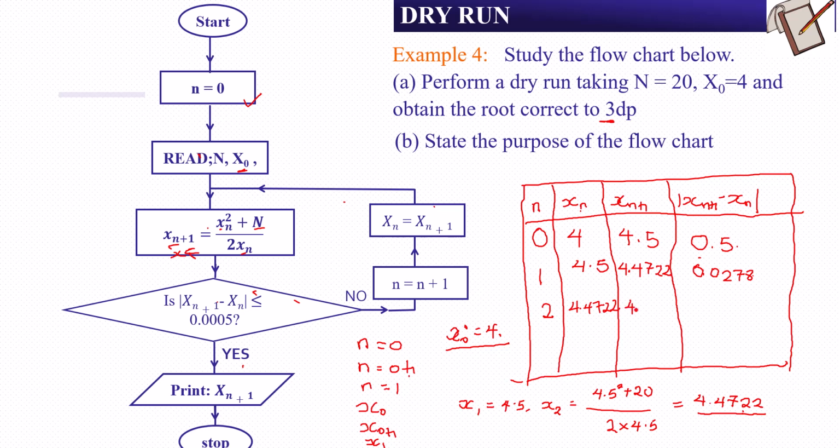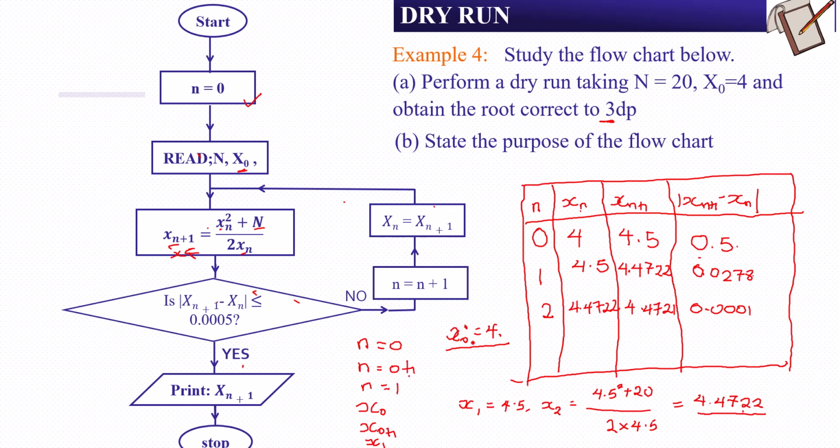4.4721. And when you get the difference between this and this, you will get 0.0001. And when you check this value, it is less than 0.0005.